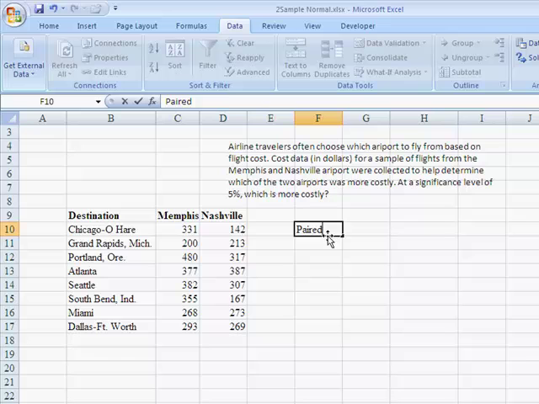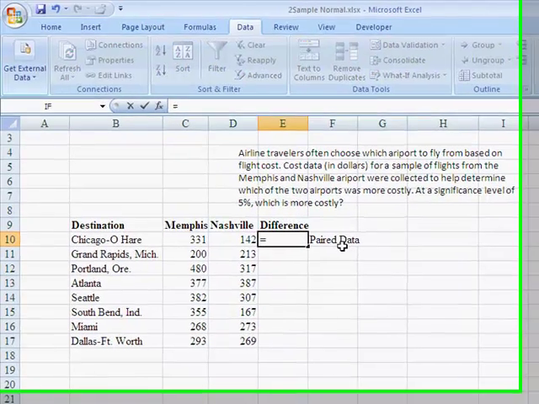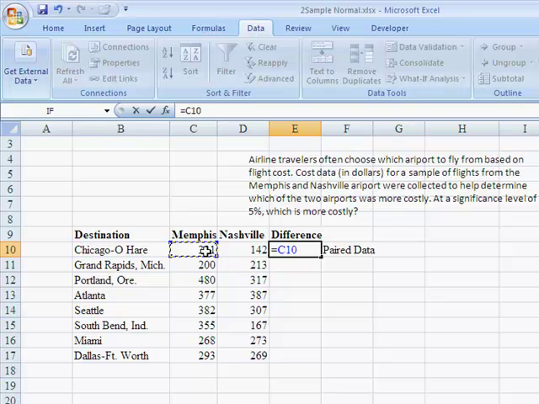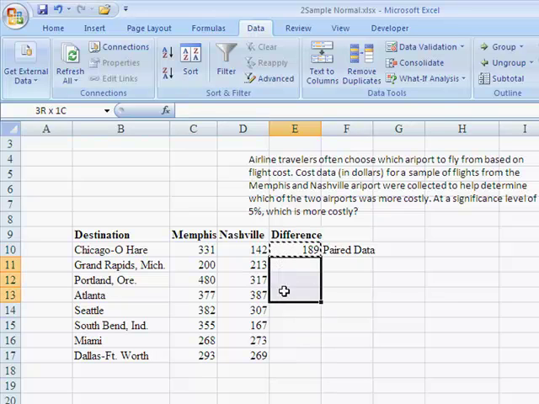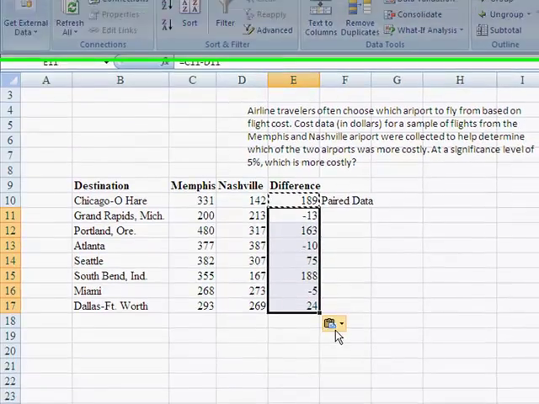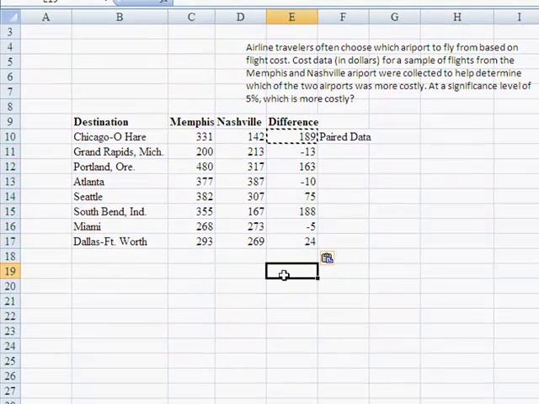So having paired data, I'm going to treat this differently because I'm going to look at the difference between the two. So to look at the difference, I'm going to take Memphis, subtract off Nashville, and there I now have a difference for the Chicago O'Hare. Go down and copy that in. So now I have these differences.